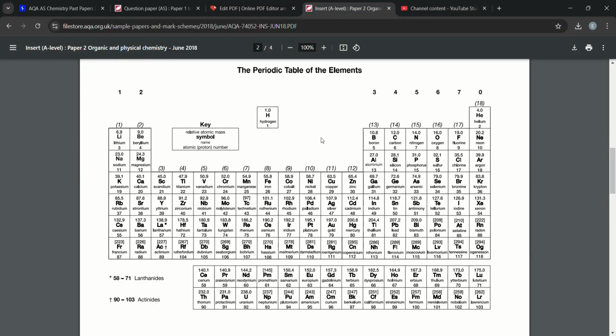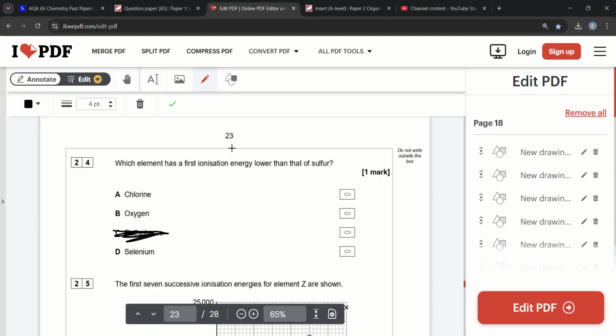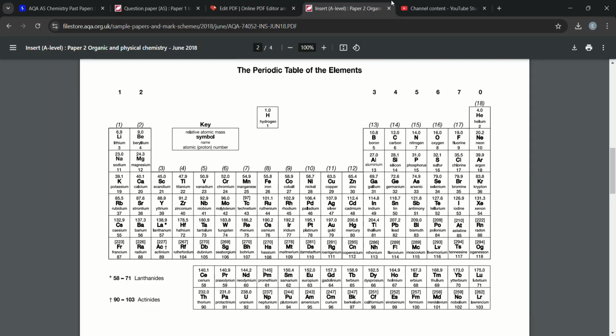Oxygen. First ionization energy decreases down the group, so sulfur is actually going to have a lower first ionization energy, with the electron further away from the nucleus, shielding, all of that. So oxygen will actually have a higher first ionization energy than sulfur.